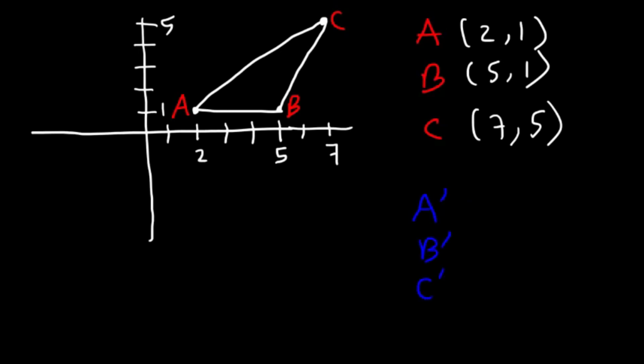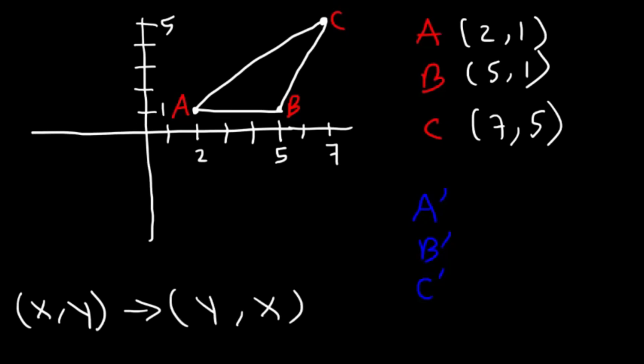Now, if you want to rotate it 90 degrees counterclockwise, the first thing you need to do is switch X and Y. And then you're going to multiply the first coordinate by -1. So we're going to switch point 2, 1, and it's going to become 1, 2.